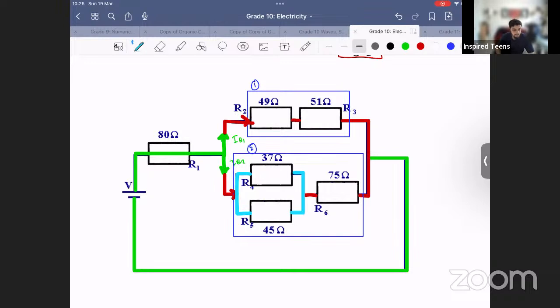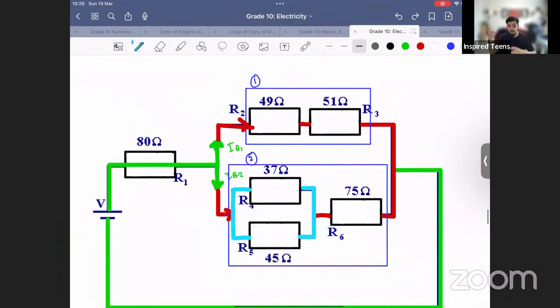Anyone? R4 and R5, this and this. Nobody? Parallel. Okay, very good. They are connected in parallel.